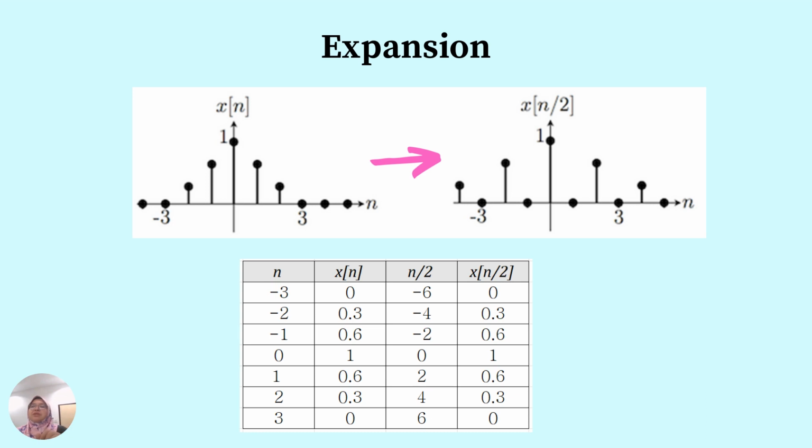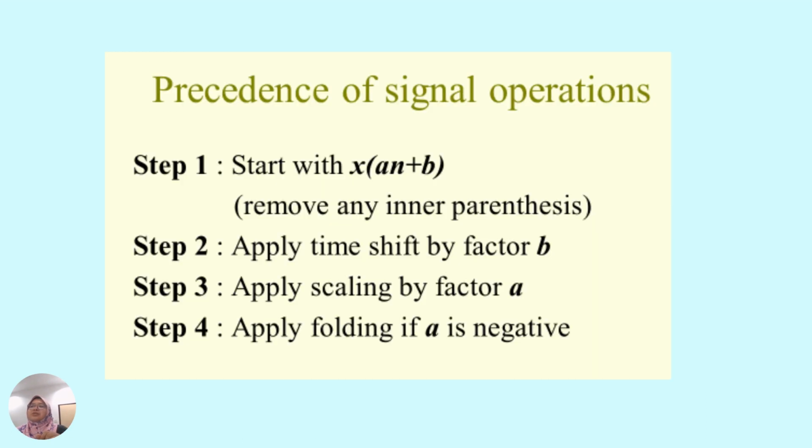This is manipulating the time parameter. Okay, so the precedence of signal operations: when you have a lot of operations going on, you need to know which one you have to do first. Step 1 is you need to remove any inner parentheses in the x[n].